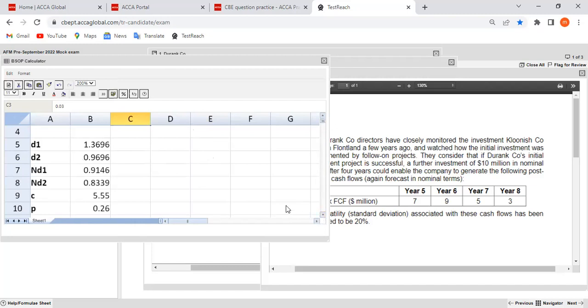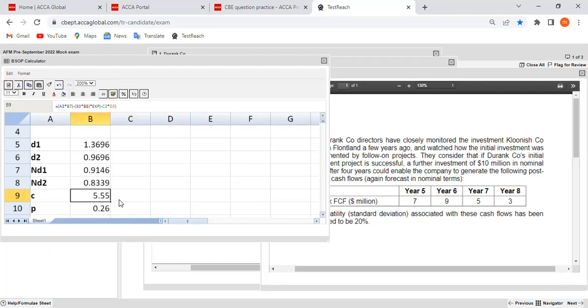Now in this question, most of the students were confused about which value to use, the call option value or the put option value. Guys, this is not the option to abandon. This is the option to delay. In the option to delay or option to expand, the only valid value is the call option value.